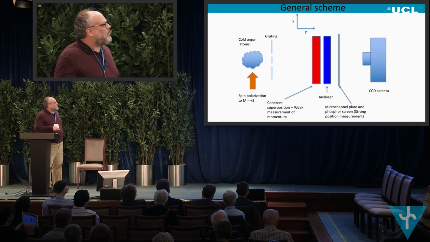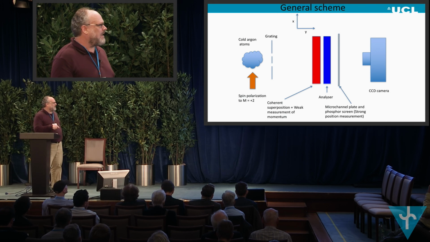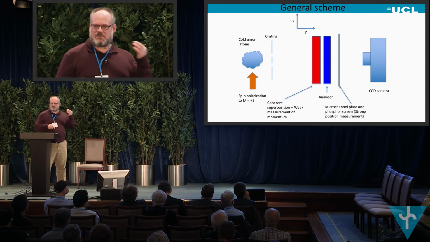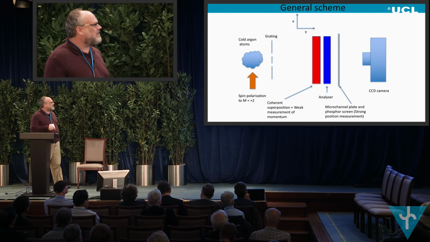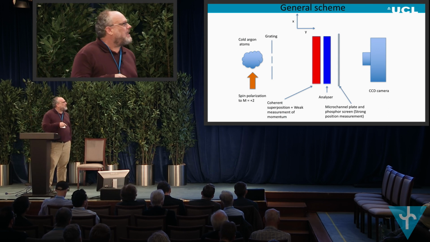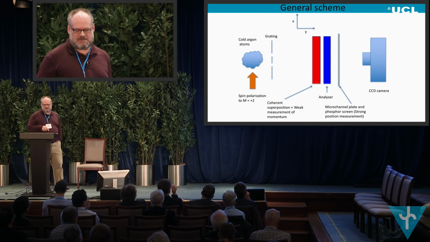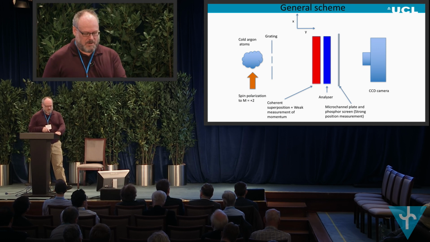You then have a weak stage here, which is, in our case, a magnetic field that is tilted at some small angle, and I'll talk about that soon. Then some type of analyzer, for example a Stern-Gerlach wire, or, as I'll show you, an optical field. Because we're using these argon atoms, we can see a single atom at a time arriving on this MCP, as you can with an experiment with photons.